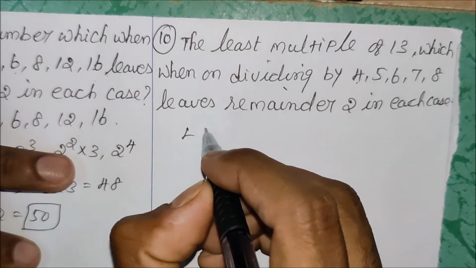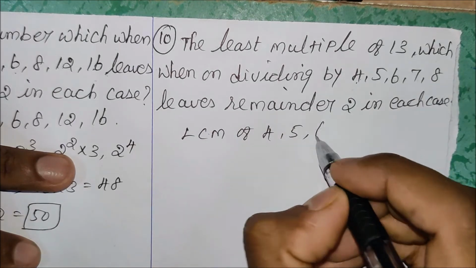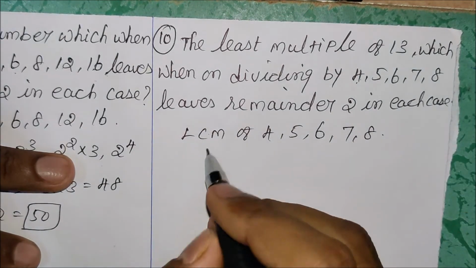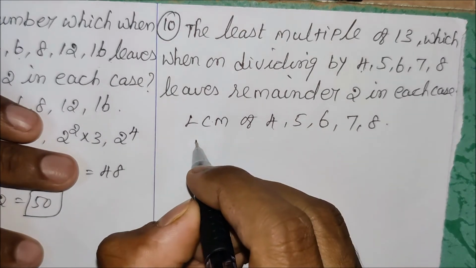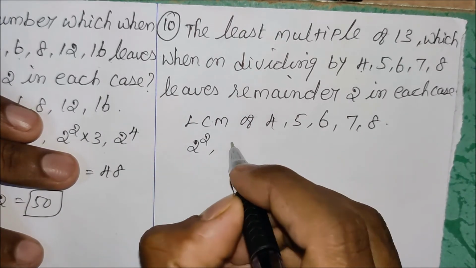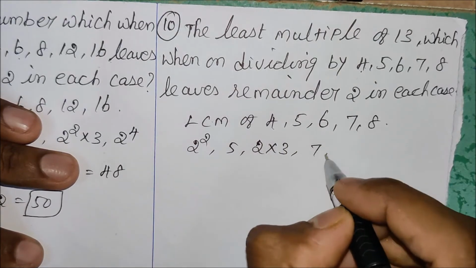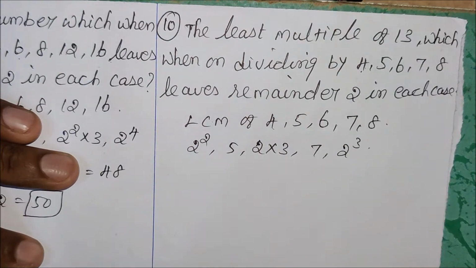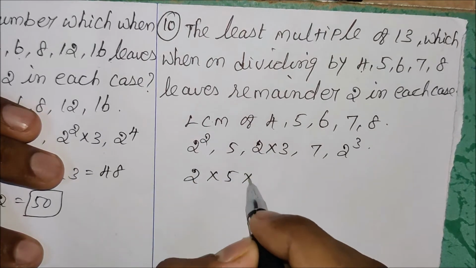First I need to find the LCM of 4, 5, 6, 7, 8. We will find the prime factors of these: 2 square, 5, 2 into 3, 7, and 2 cube. Here we have 2, 5 and 7.